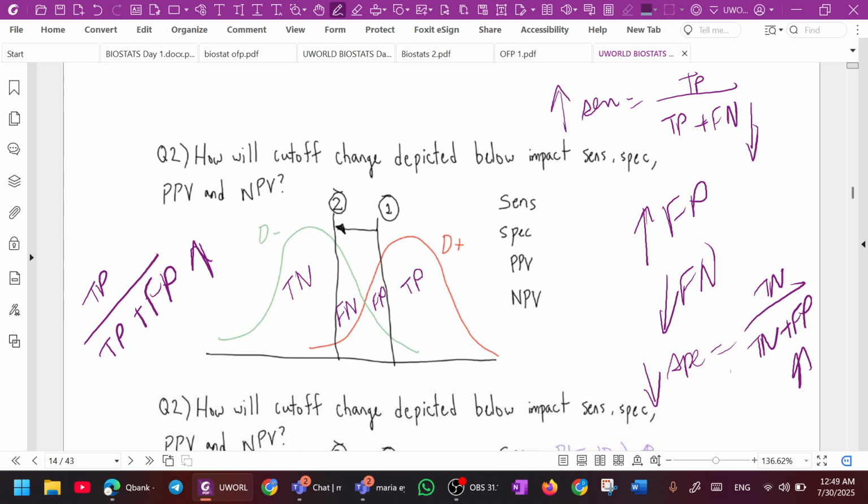Okay, same thing here. It is a 2 by 2 table.